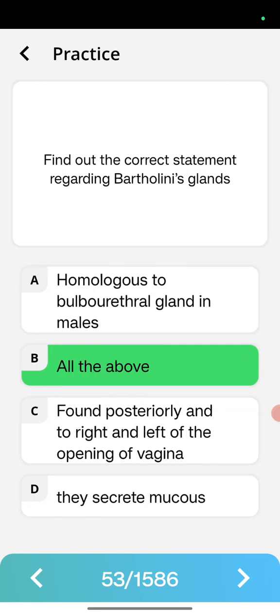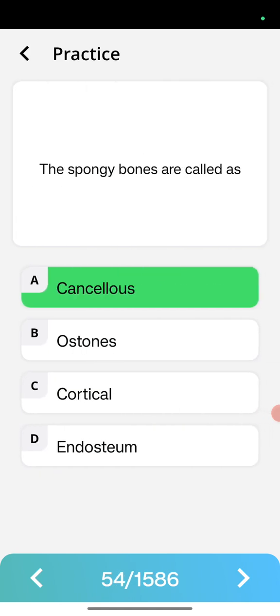Find out the correct statement regarding Bartholin's glands. All of the above. Homologous to the bulbourethral gland in males, found posteriorly and to the right and left of the opening of the vagina. They secrete mucus.